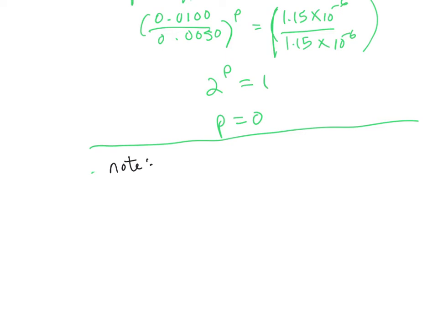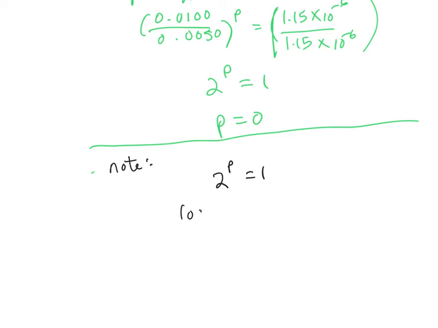If you have 2 to the power p is 1, which is what you just had there, you can take the logarithm of both sides.